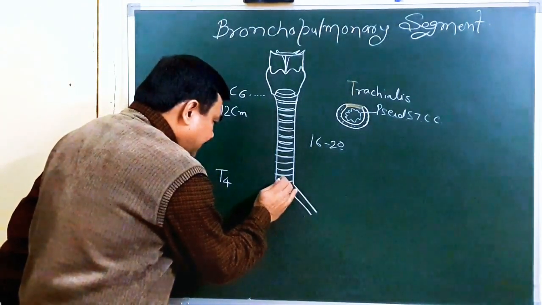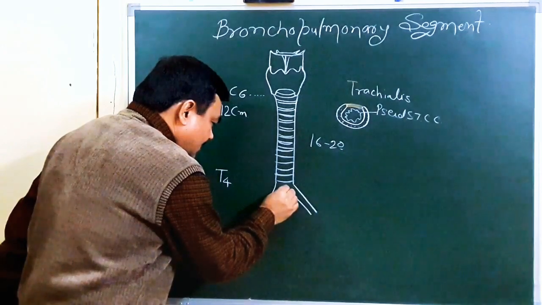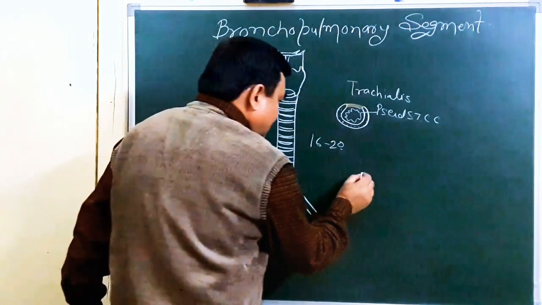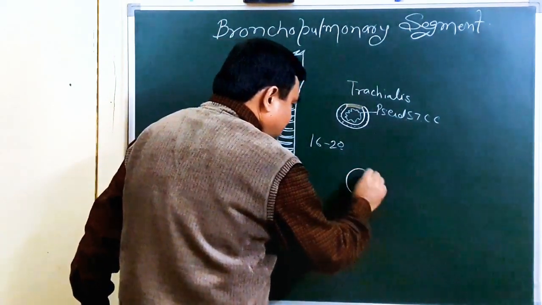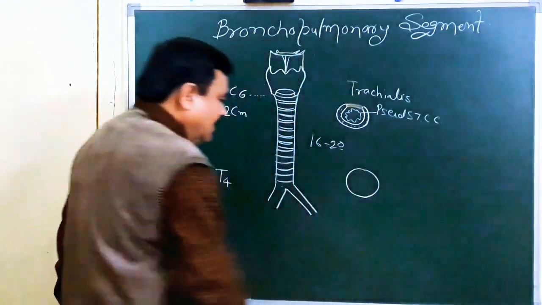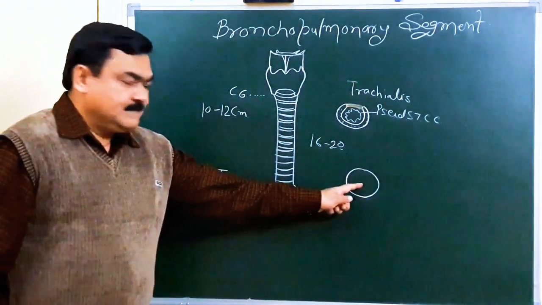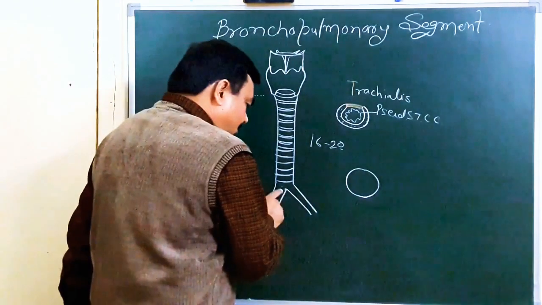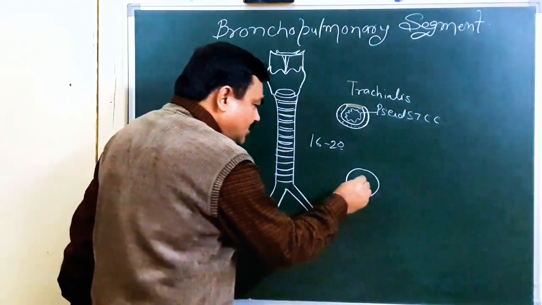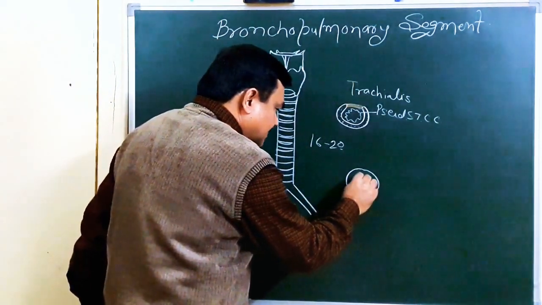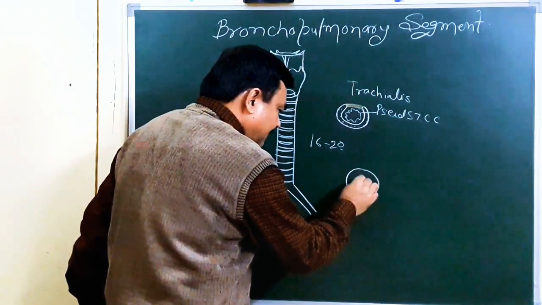Here you can see by endoscope, this is the carina at the site where the trachea divides into two principal bronchi. This is the position of the carina.